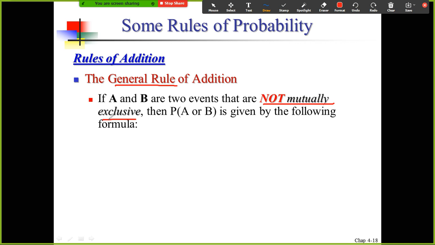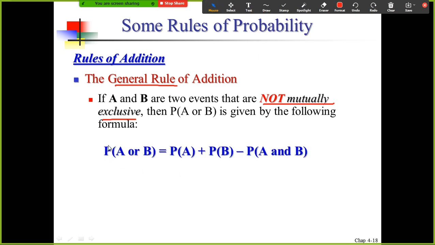Not mutually exclusive, what does it mean? It means that A and B could happen at the same time or at one time. Then the probability of A or B is given by the following formula: the probability of A or B equals the probability of A plus the probability of B minus the probability of A and B. Why do we need to subtract?